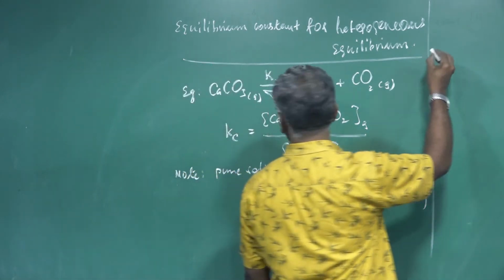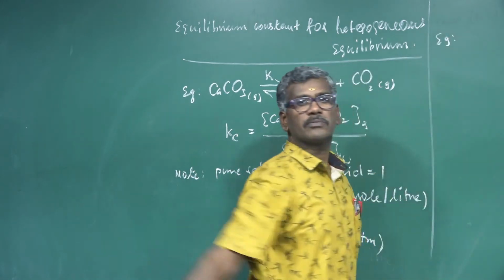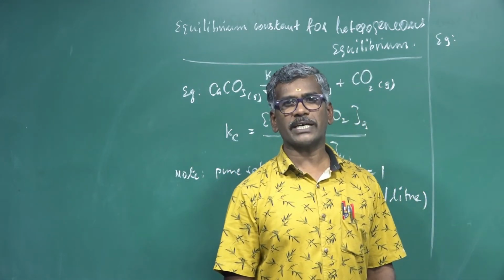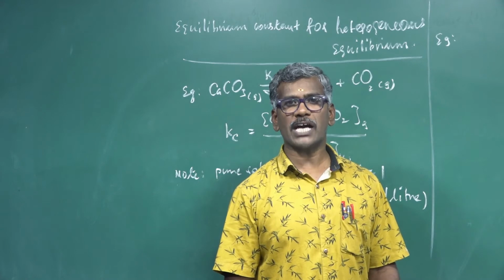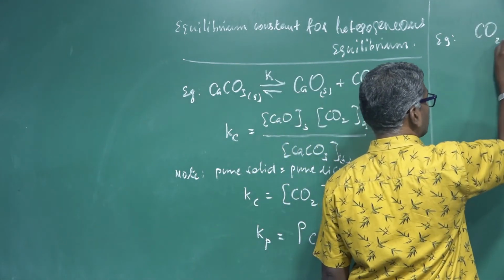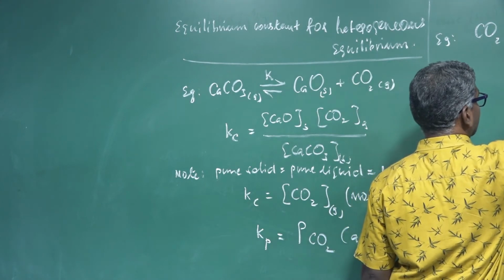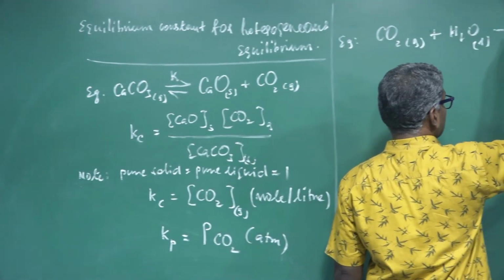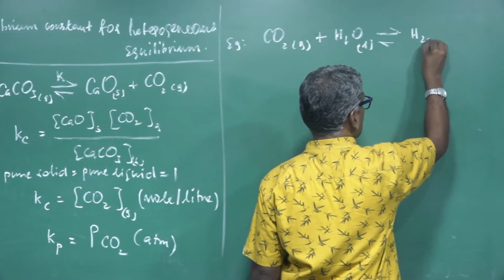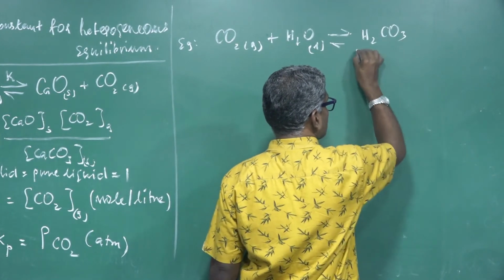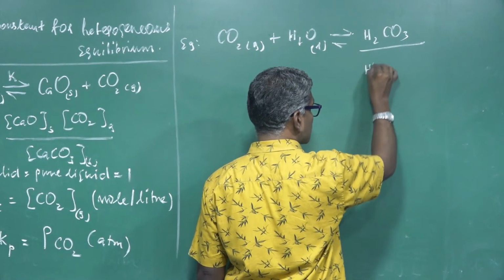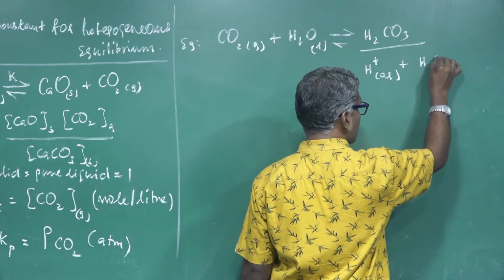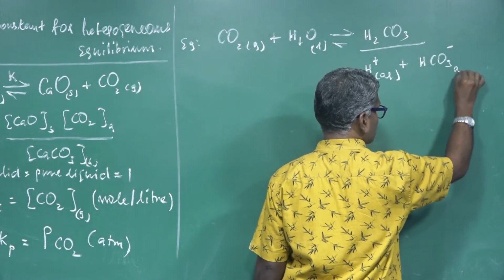Another example, this is example number 2. Carbon dioxide reacts with water to form carbonic acid. For example, CO2 in the gaseous state reacts with water and exists at equilibrium with the formation of H2CO3. This H2CO3 is nothing but concentration of H plus in aqueous plus concentration of HCO3 minus aqueous.